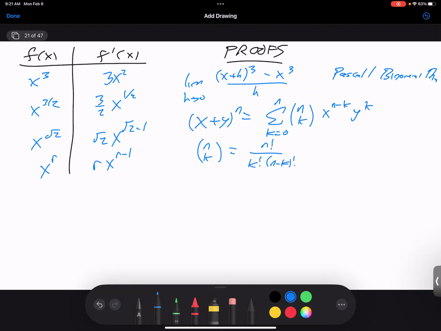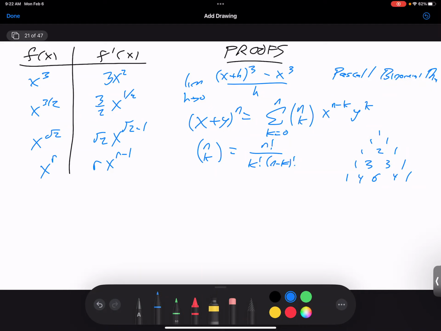It's the number of ways of choosing k objects from n when order doesn't matter. You might have seen these in Pascal's triangle, where each number is the sum of the number above to the left plus above to the right. And there's lots of ways to show this. This is an extremely useful result.